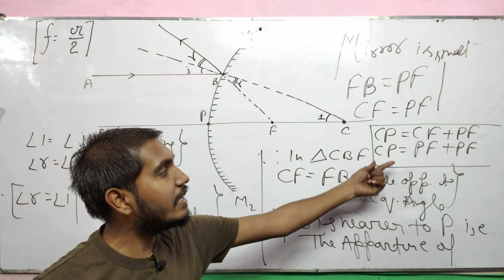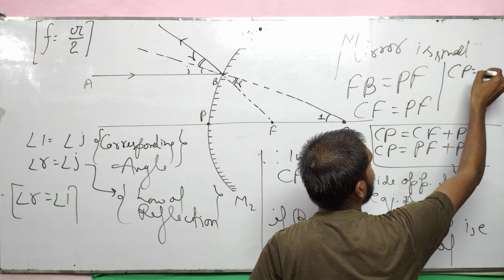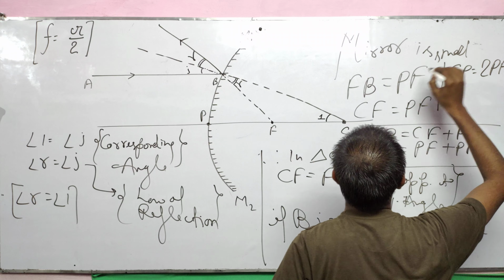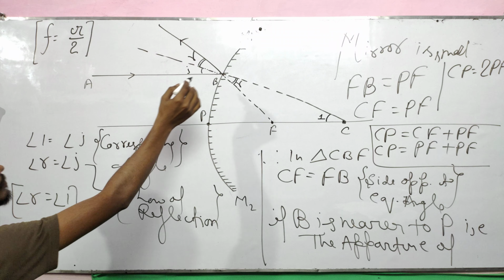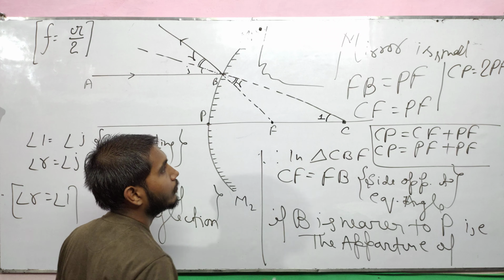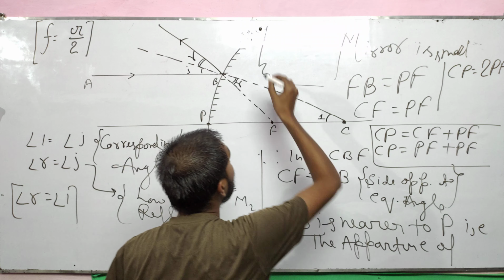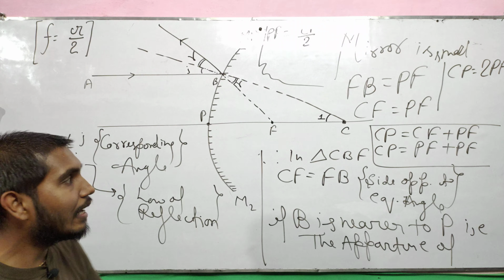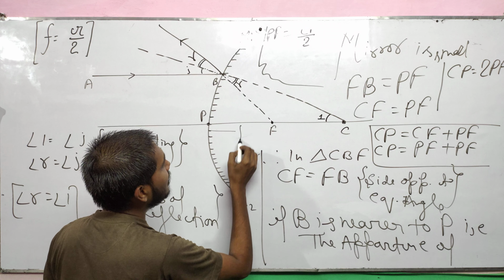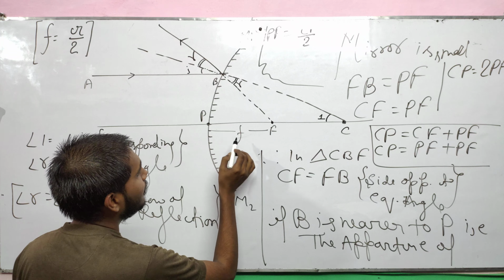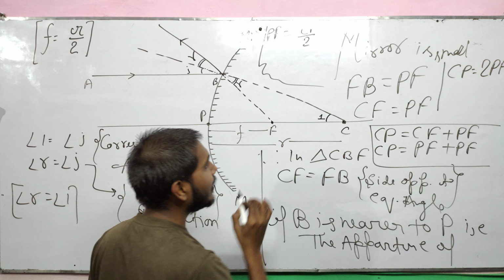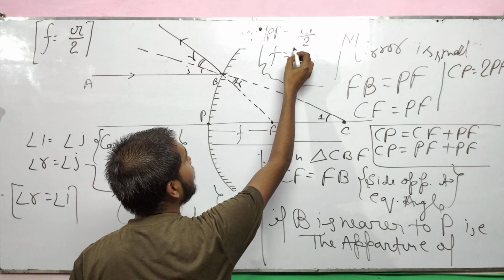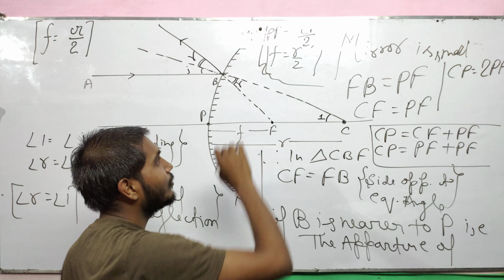Now CP equals 2PF. Here PF equals CP by 2. And now PF is the focal length and CP is the radius of curvature. Now putting these values here, F equals R by 2.